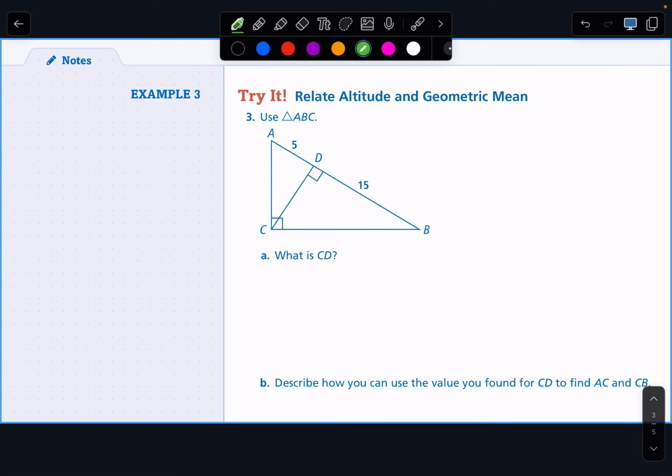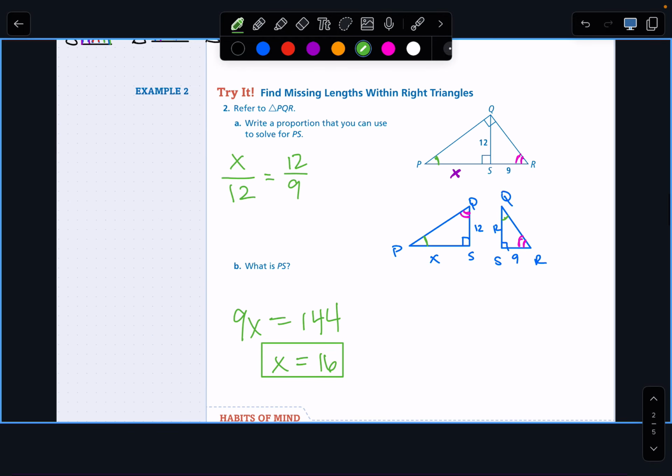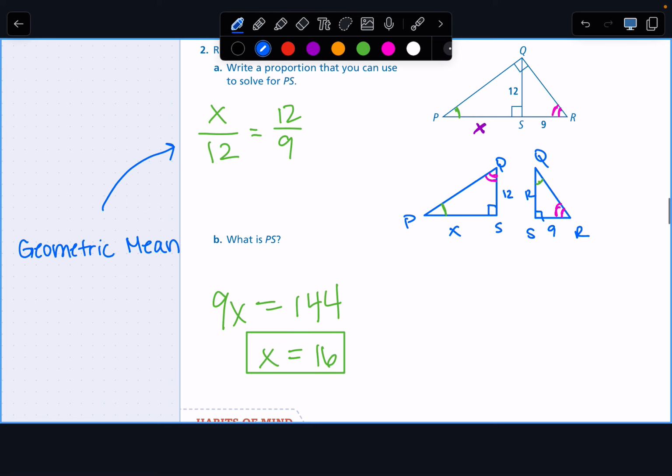So here's the deal. When we have this happening, this right here is something we call geometric mean. So can you write this? Geometric mean. The geometric mean means we have a proportion where, when you cross multiply, they get multiplied together, and then we have the other two numbers thrown in.